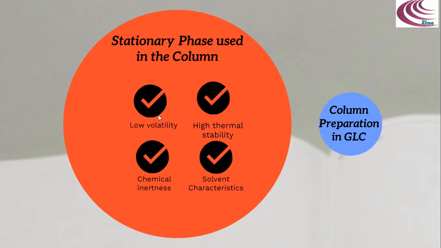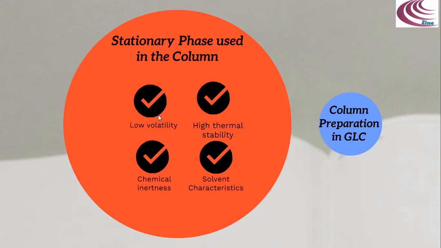In chemical inertness, the liquid used as the stationary phase should neither react with the solid support nor with the compounds to be separated. In solvent characteristics, the liquid used as the stationary phase should possess the selectivity factor that we have seen in HPLC, that is alpha, and the capacity factor k dash for the solutes to be resolved within a suitable range.